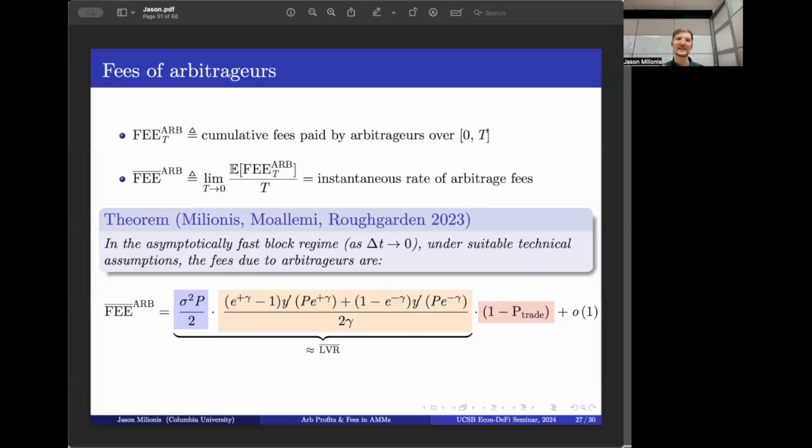This means that the sum of the instantaneous rates of arbitrage profits and fees is the instantaneous lever that you see. Of course, this is up to the asymptotic approximation of the fast block regime, always, and small fees. So you can't have this for huge fees or huge block times.